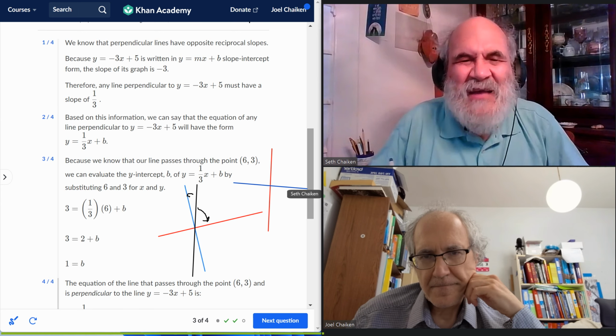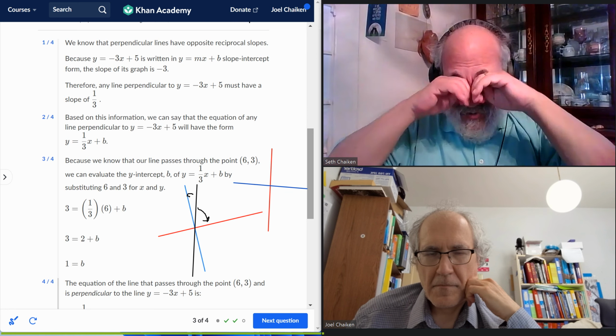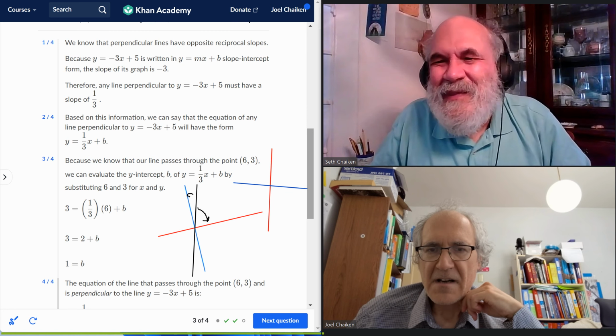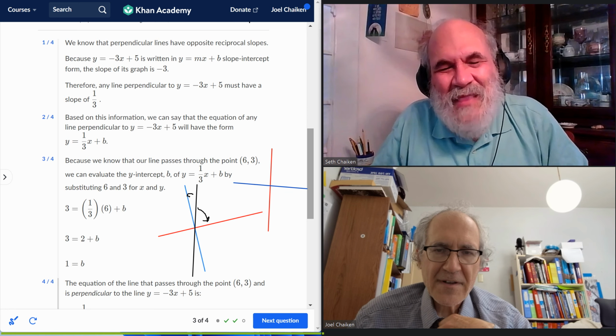And so that reminds me that the absolute values of the slopes are reciprocal. That's a great visual way of thinking about it.